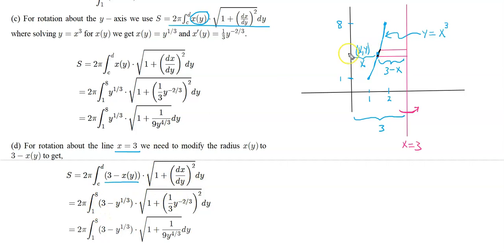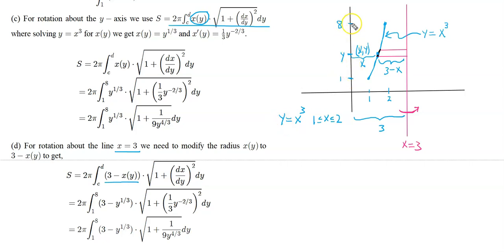You can see right here, think of the y as sitting right here. The y varies from 1 up to 8, and that comes from our original equation, remember? We had restrictions with x going from 1 to 2. So if x is 1, y is 1, and if x is 2, y is 8.